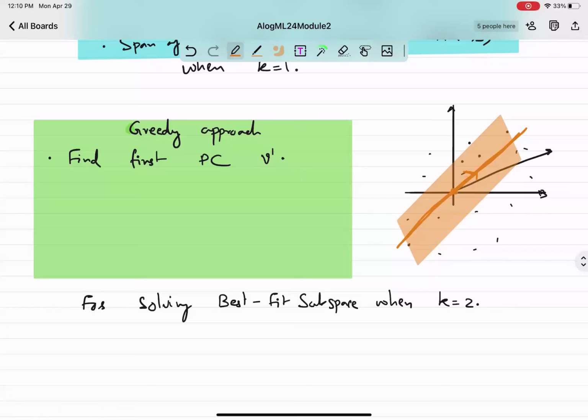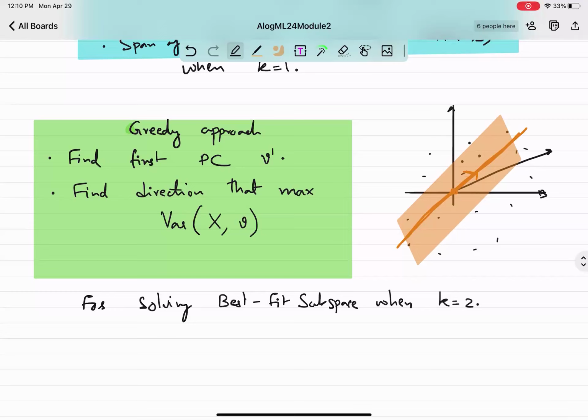So our greedy approach, one greedy approach, is to find a direction that once again maximizes the variance of your data set along the direction v.